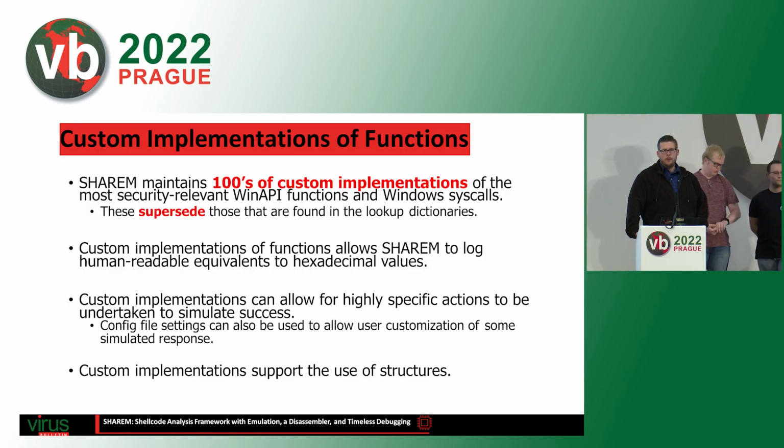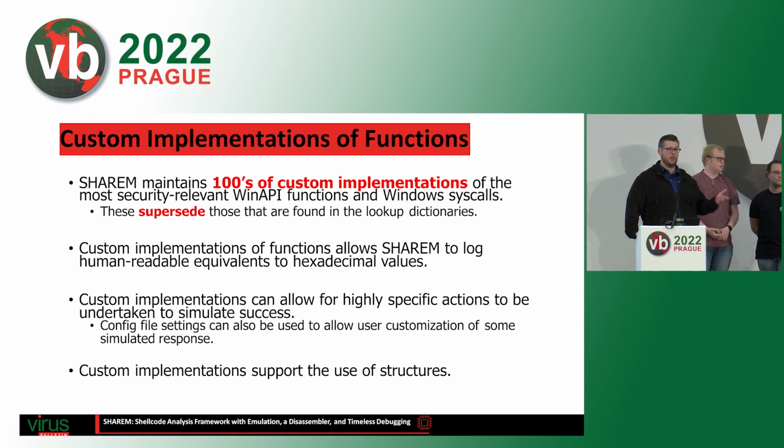One of the ways in which we do that is through custom implementation. So we have several hundred custom implementations that allow us to do a lot more special activities with shellcodes, for instance, providing human-readable output. This also enables us to make sure that the shellcode APIs behave in an appropriate way.